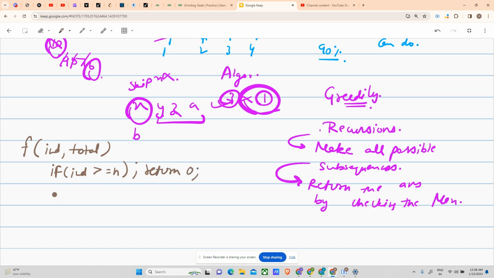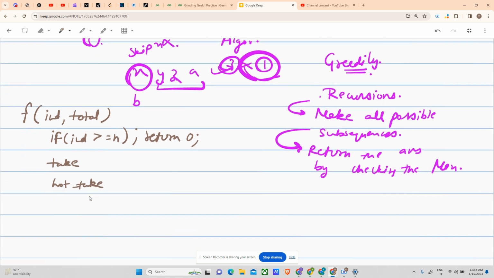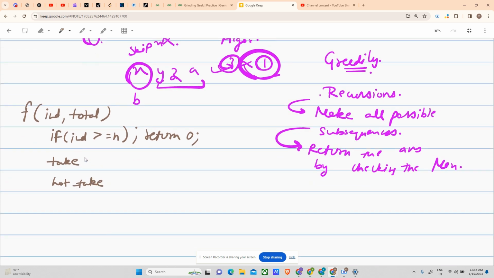Okay, now I can either take it or not take it. The course, I'm speaking about the course. I can either take the course or not take the course. I can only take the course if my money in hand is actually greater than or equal to the cost of the course. Okay.